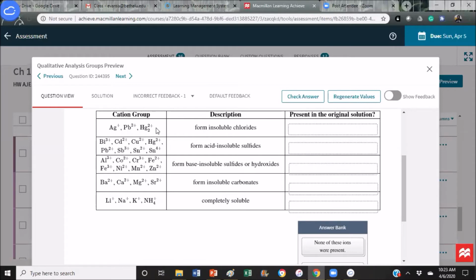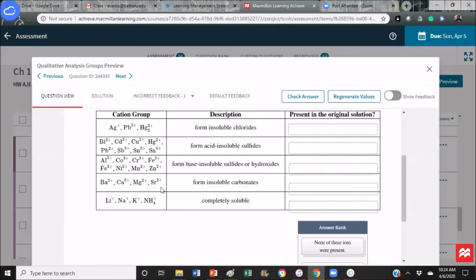Silver, lead, and mercury will form solids with chloride. Bismuth, cadmium, copper, mercury, lead, antimony, tin 2, tin 4 will form acid sulfides. Aluminum, cobalt, chromium, iron, nickel, manganese, zinc will form base sulfides or base hydroxides.